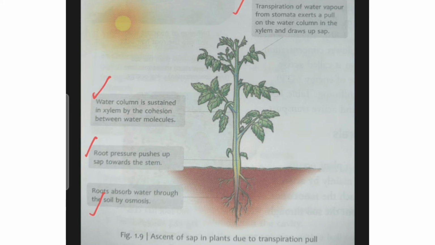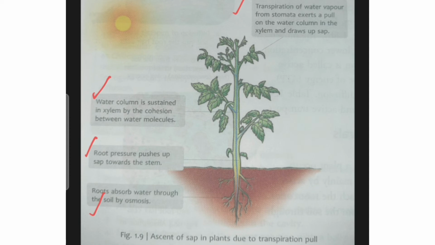The water and minerals absorbed by the root are conducted upward through the xylem to other plant parts such as the stem, leaves, and flowers. This upward movement of cell sap, which contains water and minerals, is called the ascent of sap.